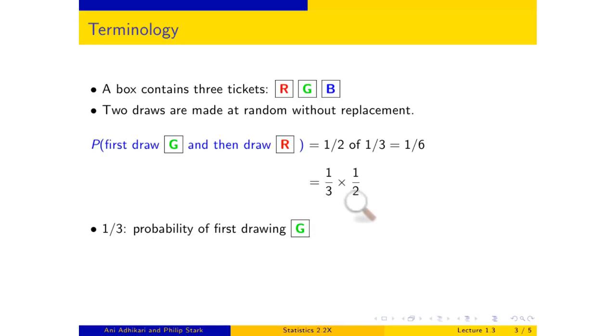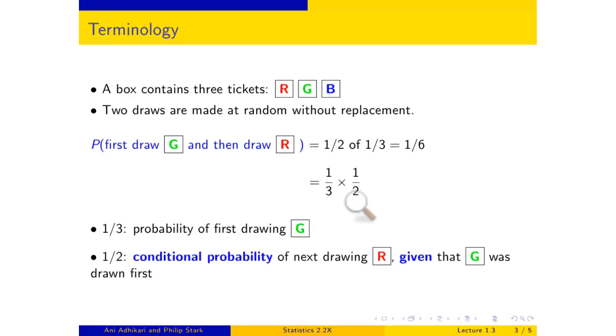The 1/2 needs a little bit of discussion. It is the chance of drawing a red ticket, but only if you drew the green the first time. It is the conditional probability of drawing red the second time, given that green was drawn first.